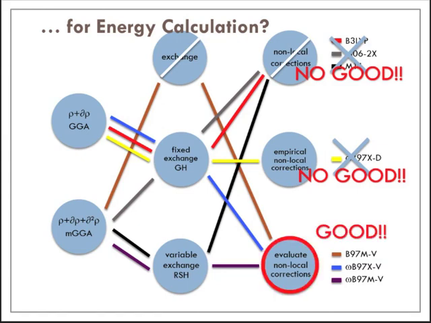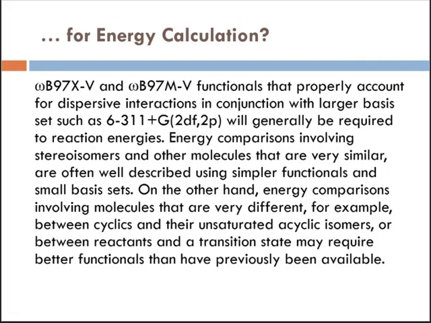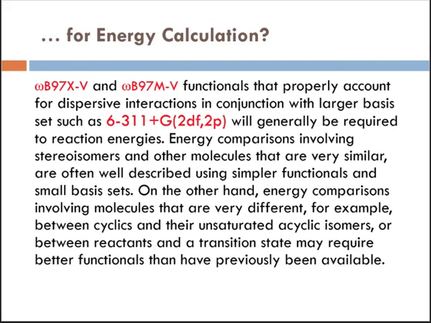You need functionals that take account of these long-range terms, not empirically, but analytically, actually trying to do them from theory. You need basis sets that are significantly larger. This is about the smallest thing you can get away with. So an energy calculation is maybe 1 or 2 orders of magnitude more costly than a structure calculation, although you only have to do it once. You don't have to converge to a structure.